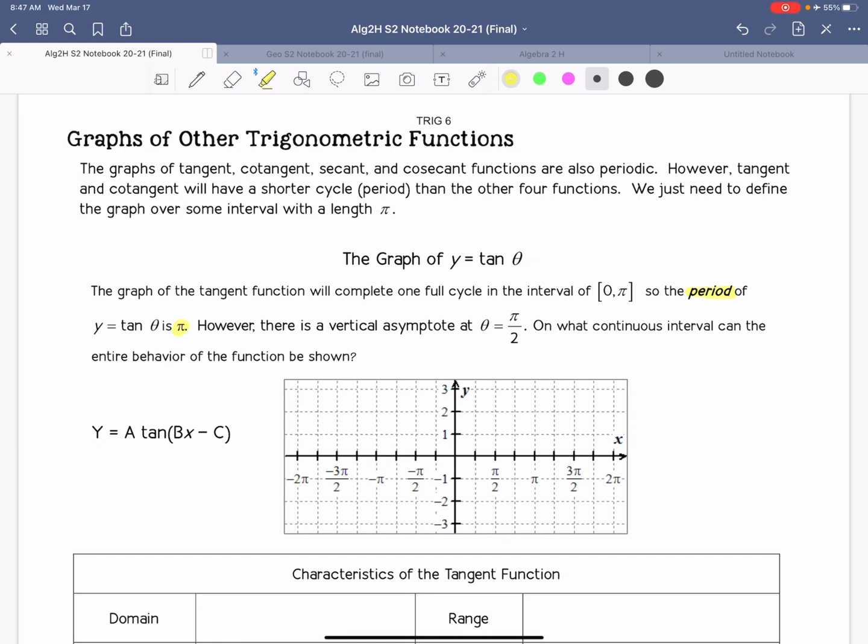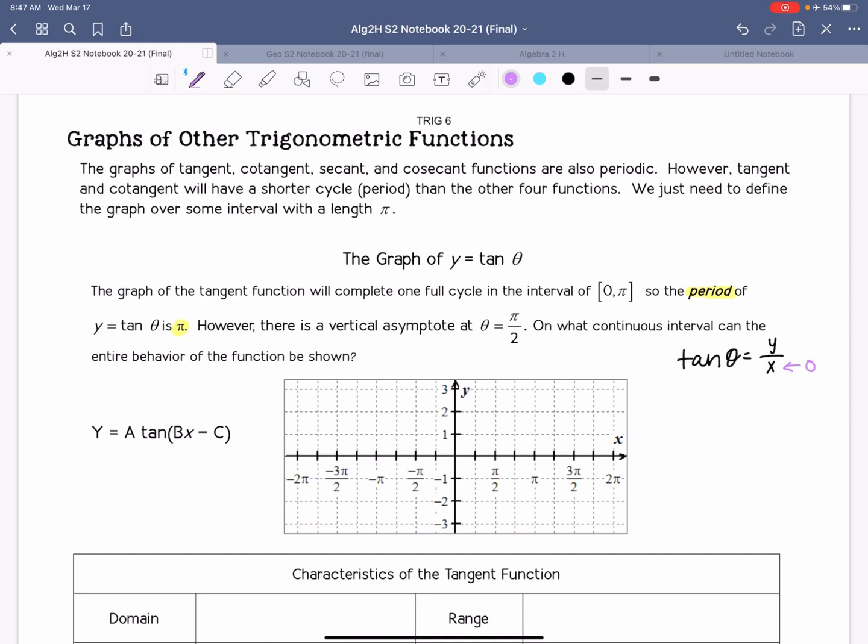However, the vertical asymptote is at pi over 2. Okay, so let's think about this. We know tangent is equal to y over x. So when x is 0, tangent's undefined, which means that we'll have an asymptote.